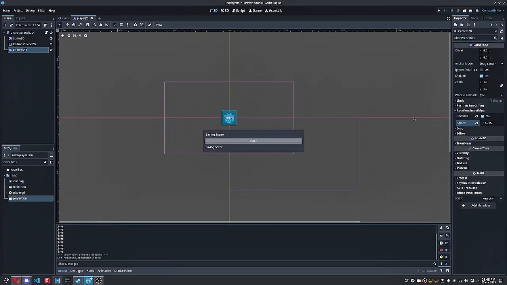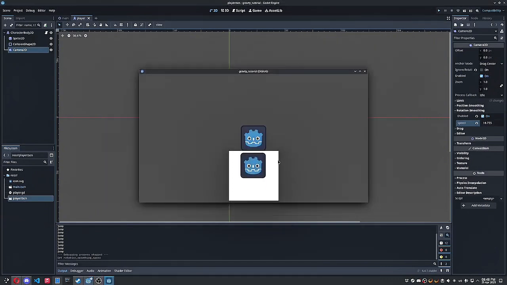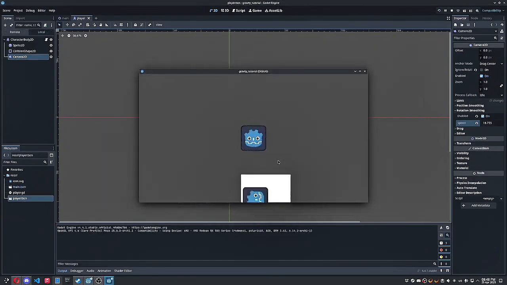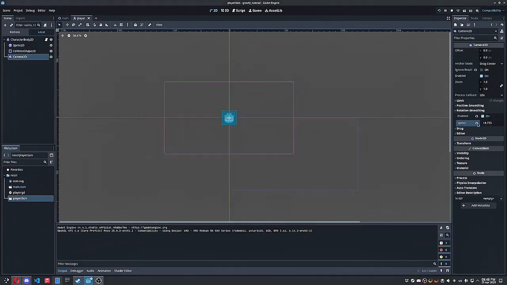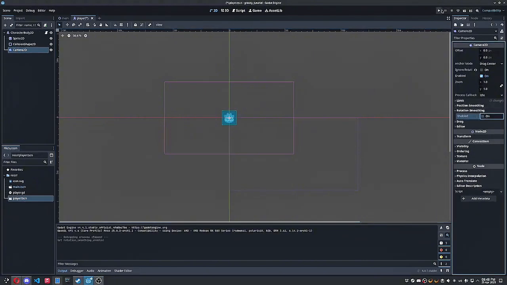The higher that is, the faster it will turn. And the reason that I don't like this is because you could also just turn it off if you want it to be really fast.